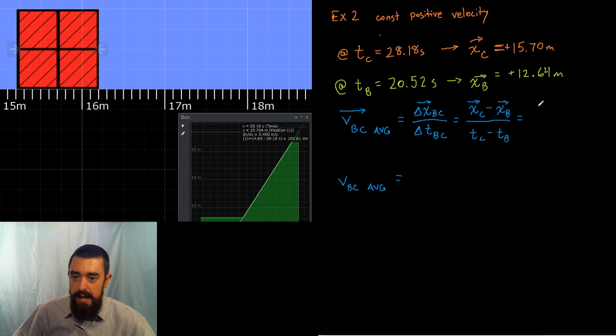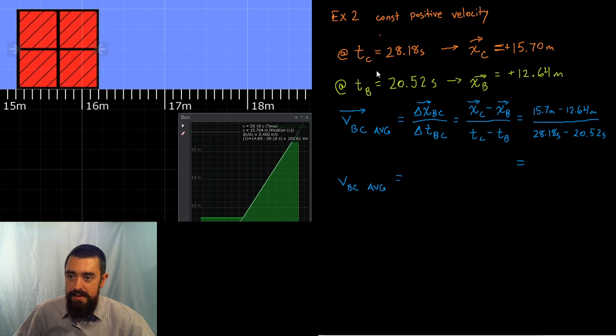So really we're looking at 15.7 meters minus 12.64 meters. Dividing by the times, this is the difference in the times, 28.18 seconds minus 20.52 seconds. Okay. Oh, I'm going to need to move this down.